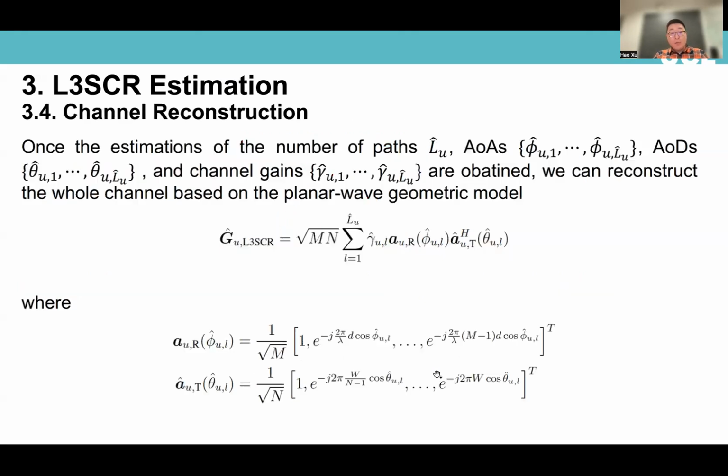So far we have successfully estimated the number of paths, the angles of arrival, the angles of departure, and the channel gains. With this information, we can reconstruct the whole channel based on the planar wave geometric model.